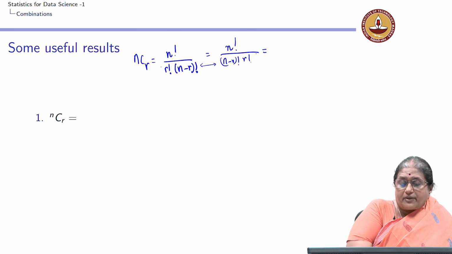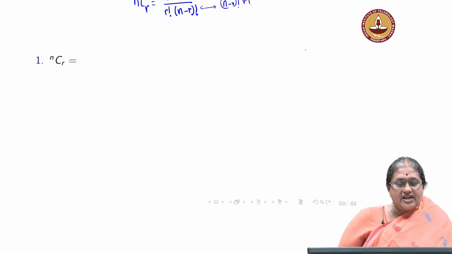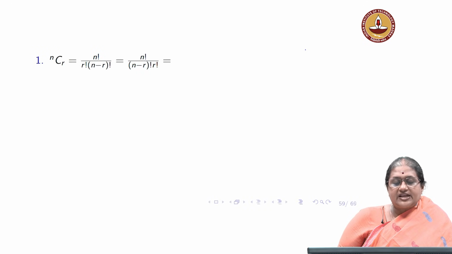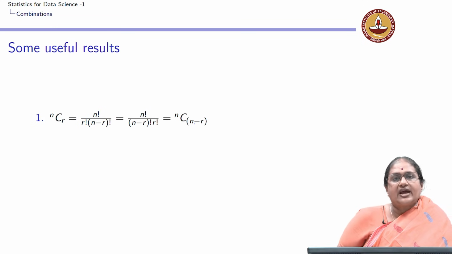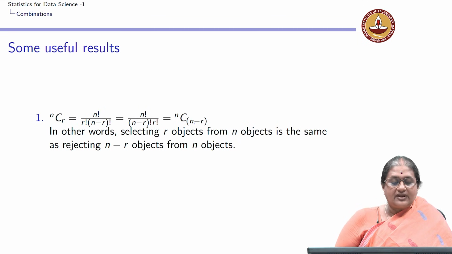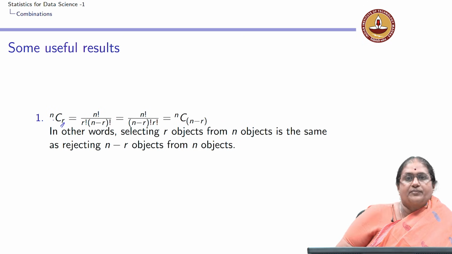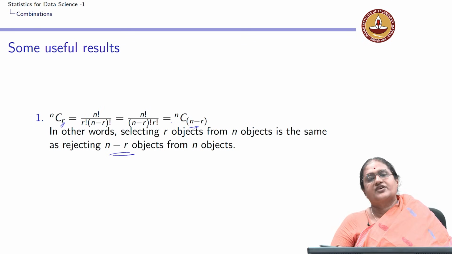If I apply the same formula, this is the same as n choose n minus r. So, the first identity we have is n choose r is equal to n choose n minus r. In other words, selecting r objects from n objects is the same as rejecting n minus r objects from n objects.